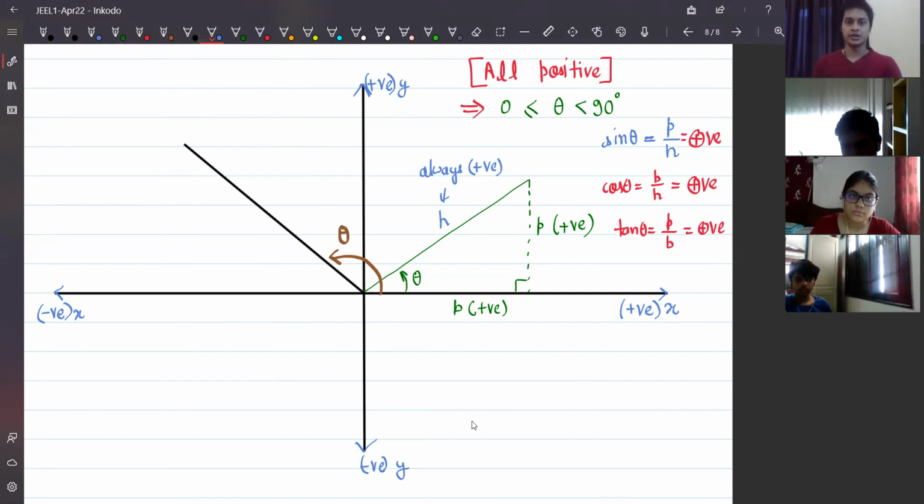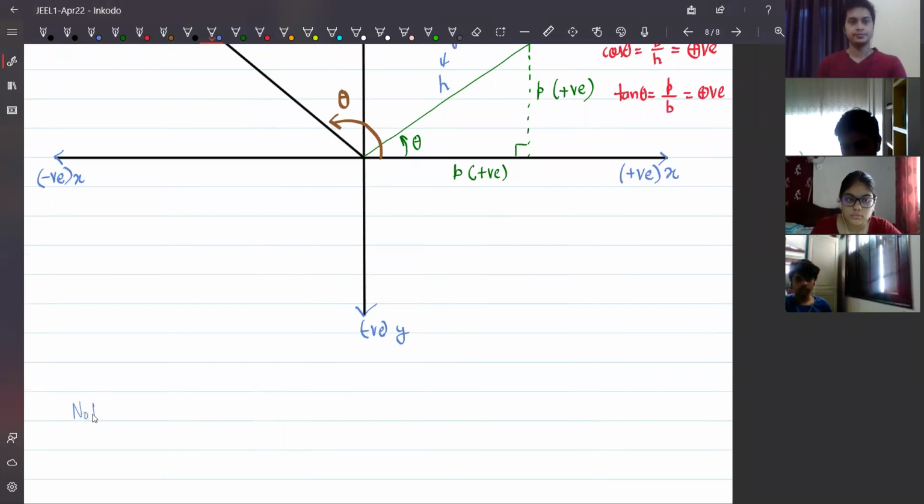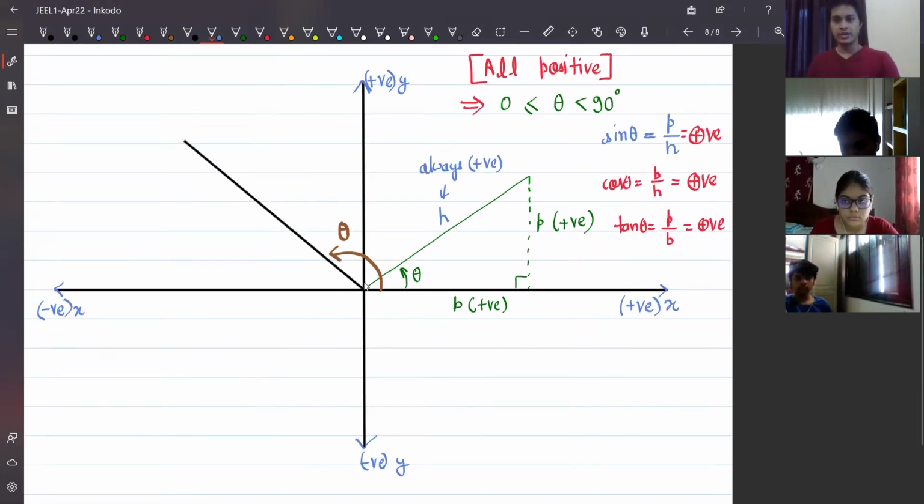Remember, theta is measured from the positive side of the x-axis. So what is the value of theta here? Theta will be between 90 degree and 180 degree, where it is in the second quadrant. This is your second quadrant.